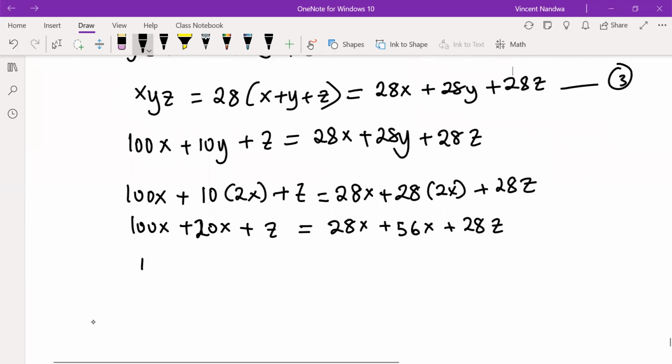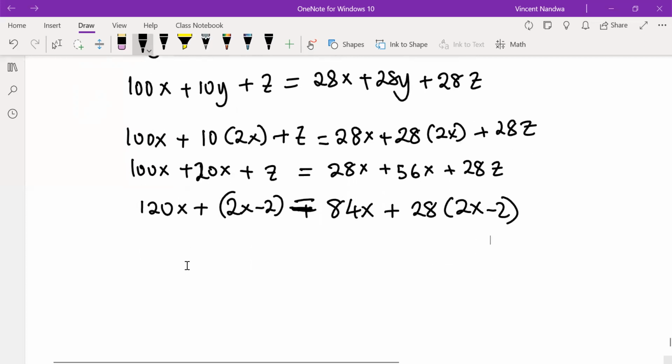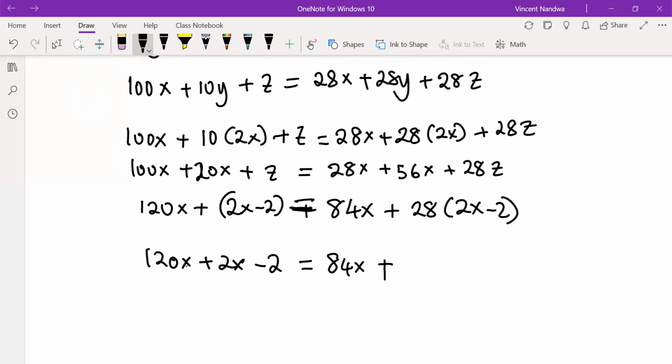So we'll have 120x plus, so the value of z is 2x minus 2, equals 28 plus 56, 84x, plus 28, but z is 2x minus 2. So we have clearly now just reduced all the 3 unknowns into just one unknown equation. We have 120x plus 2x minus 2 equals 84x plus 56x minus 56.